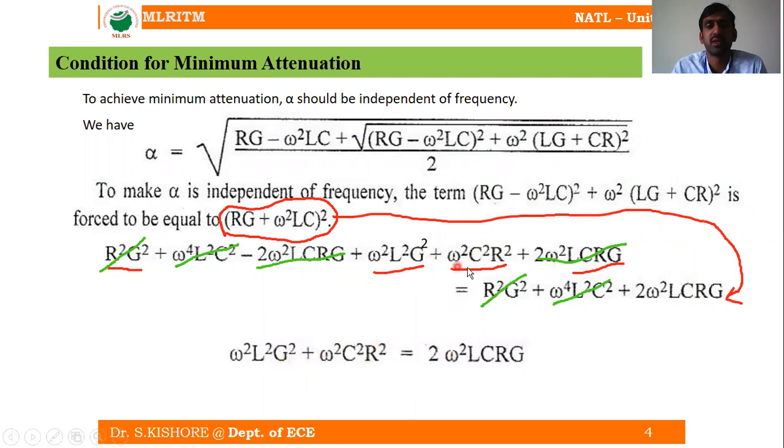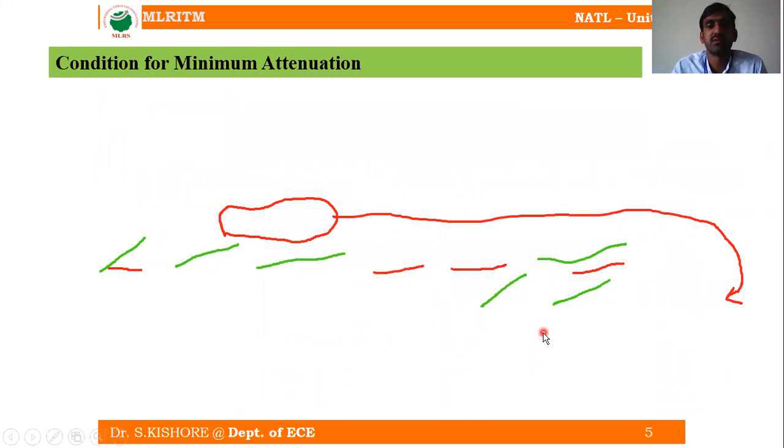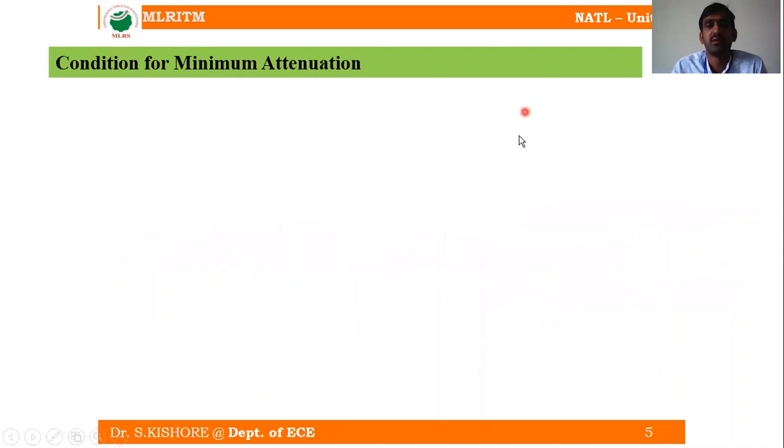The same terms on the left hand side, I am writing the same. From this we can write omega square L square G square plus, bringing the right hand side term to the left hand side. Here we can see it is a multiple of omega square.